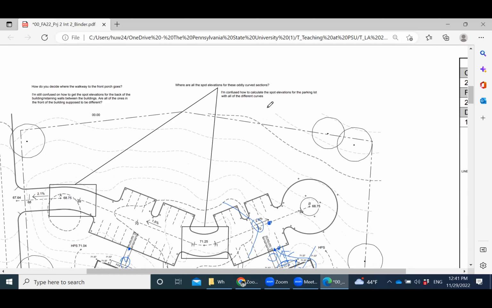So if there are 2 arcs that are connecting together, those spots, when you click in CAD, wherever the points line up. The middle of an arc, you don't have to specify. Whenever 2 line segments connect together, that's where you have to have a spot elevation.